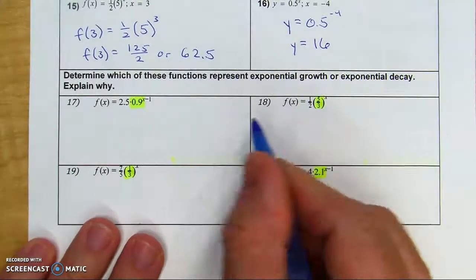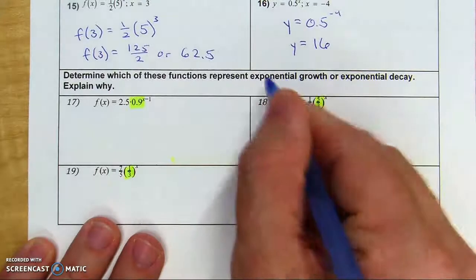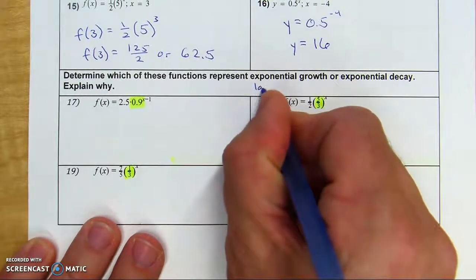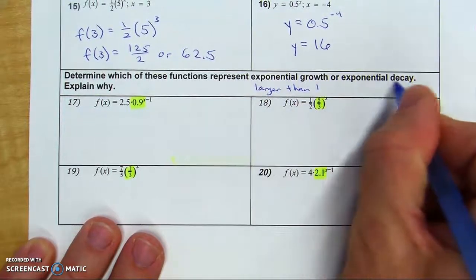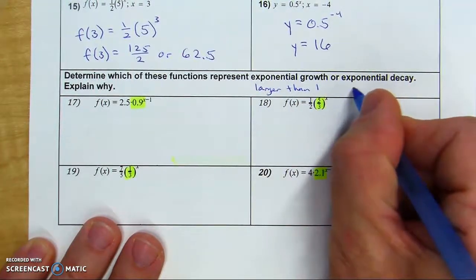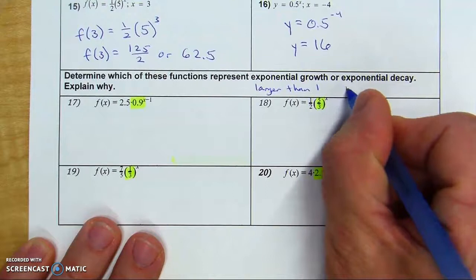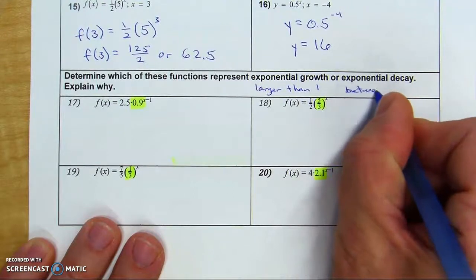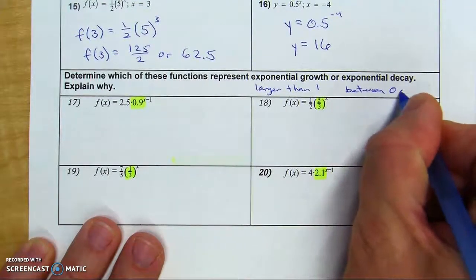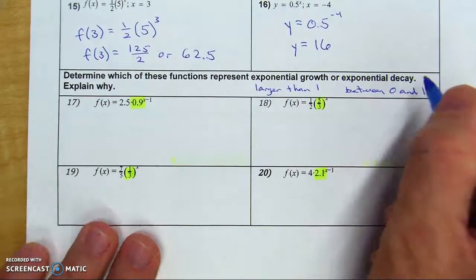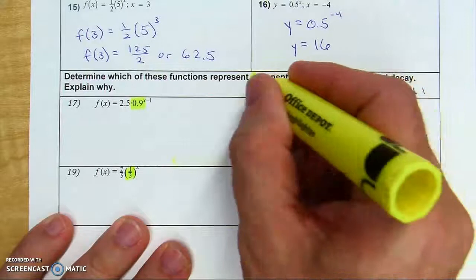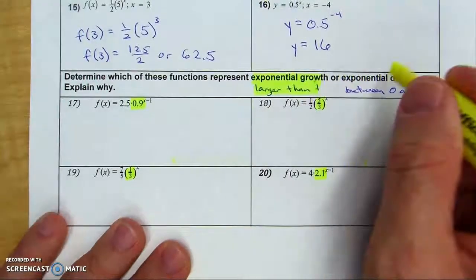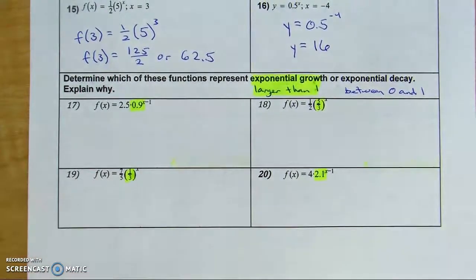So if that number right there is bigger than 1, it's growth. And if it's less than 1 but greater than 0, so I'm going to say between 0 and 1, it's decay. All right, so growth if it's larger than 1, and then I'll switch colors here.